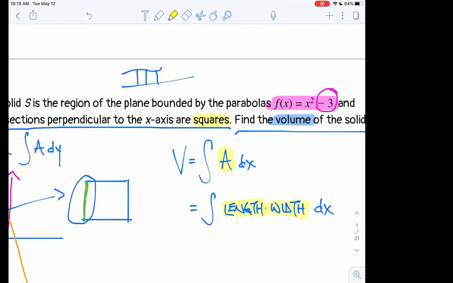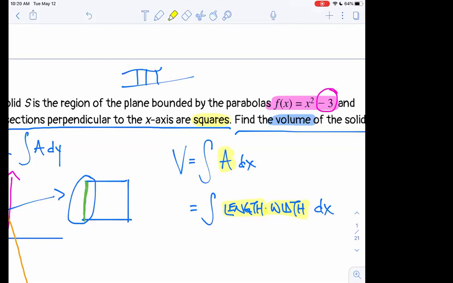If I said that the cross sections were semicircles, instead of saying length times width, you would put 1/2 pi r squared. But if I said the cross sections are quarter circles, wherever I have length times width here, you would put 1/4 pi r squared.